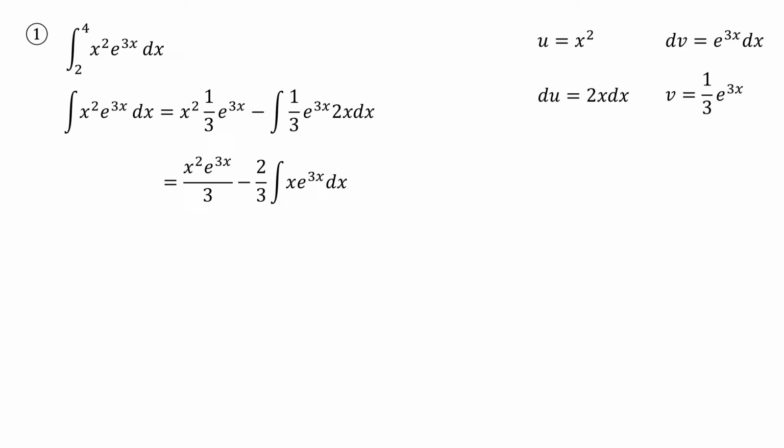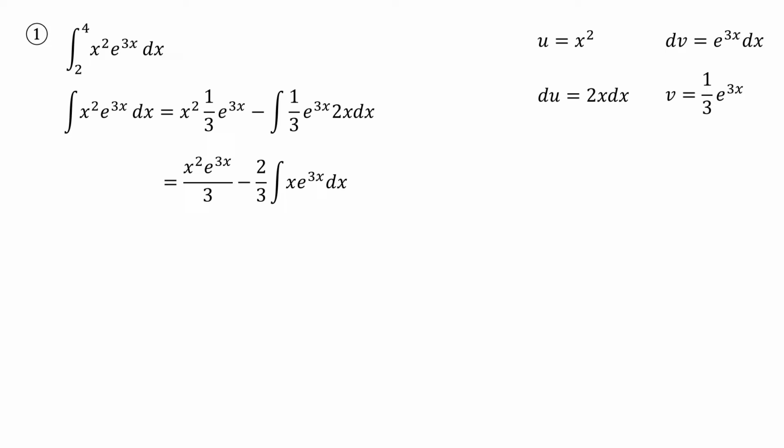That first term, the u times v, I just rewrote as a fraction, that 3 as the denominator. And then for the integral, the 2 from that 2x became part of the numerator. So I've got 2/3, and since that's just a coefficient, it can go in front of the integration symbol. And then I put the x in front of the e to the 3x.